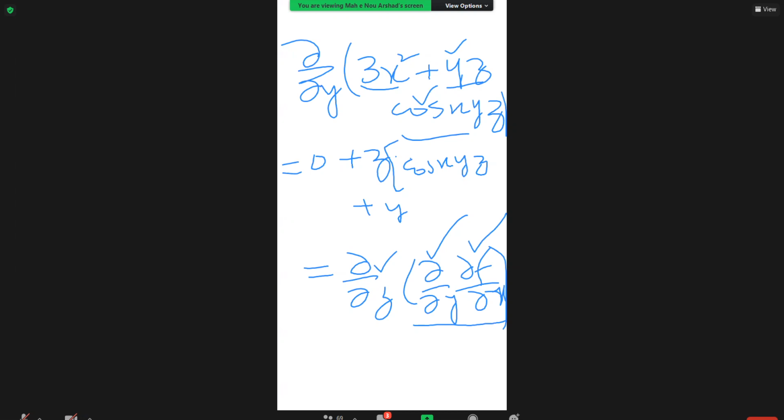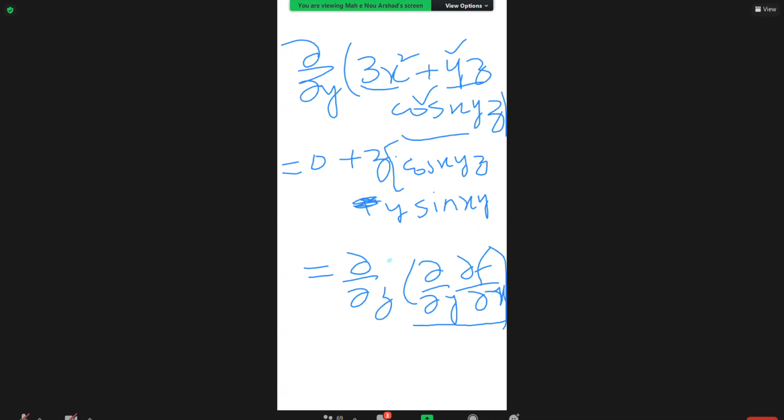The derivative of cos xyz is equal to minus sine xyz. So what will be the derivative of xyz? Here y is the variable and x and z are the constants.